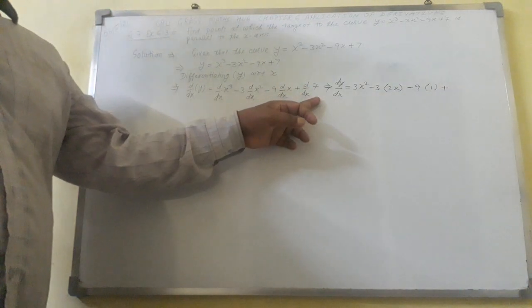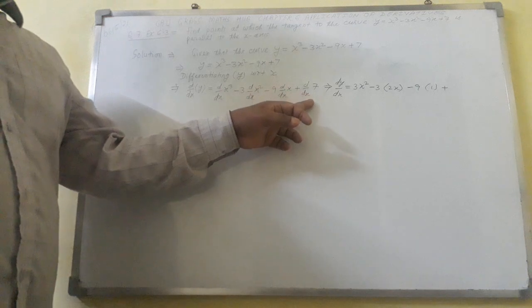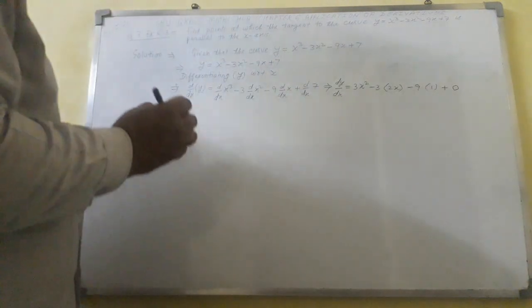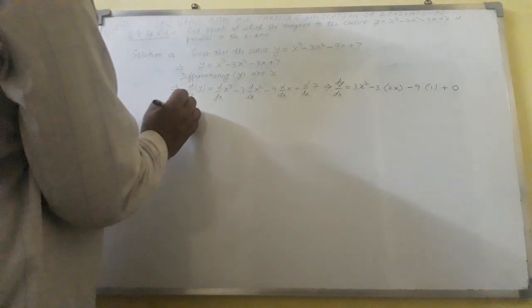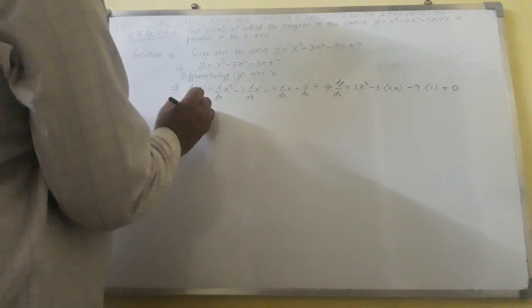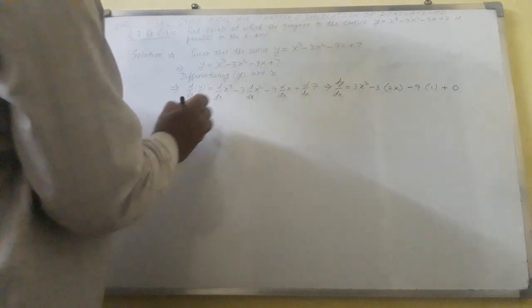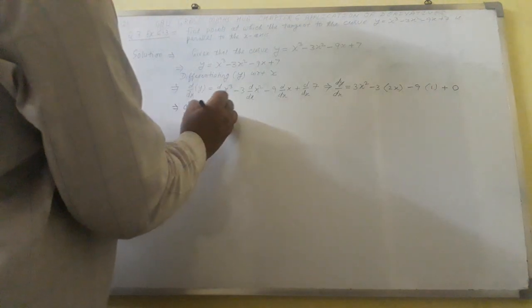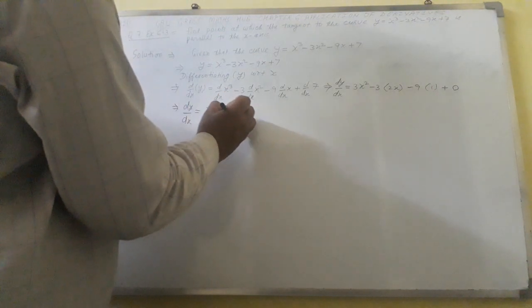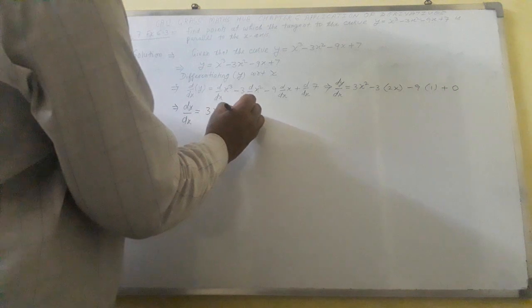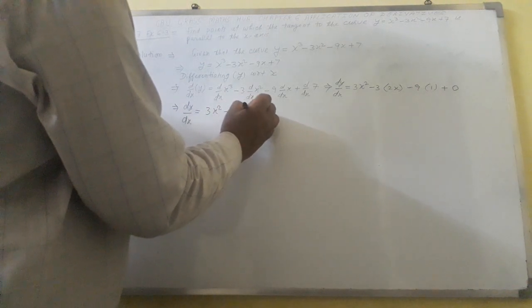Here 7 is a constant, and the first order derivative of a constant comes out to be 0. So we have got dy over dx equal to 3x square minus 6x minus 9.